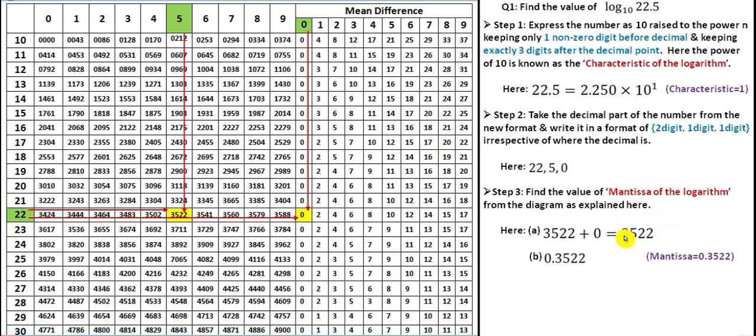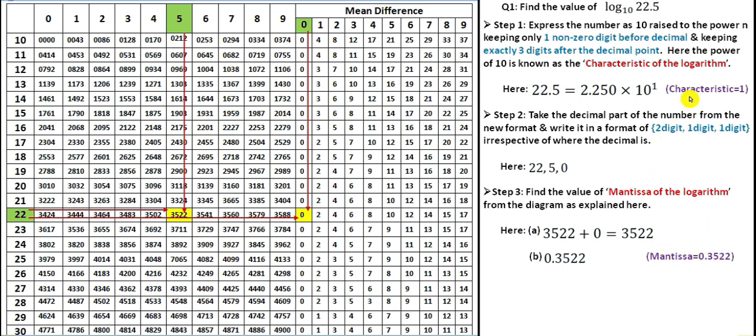Like here you have got 3522, just write here 0.3522, neither 3.522, neither 35.22. In no case do you have to check where to put the decimal. You have to put the decimal at the initial 0, before this 4 digit number. So 0.3522. This decimal number 0.3522 is known as the mantissa of the logarithm.